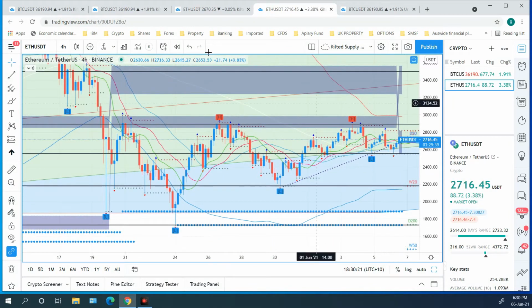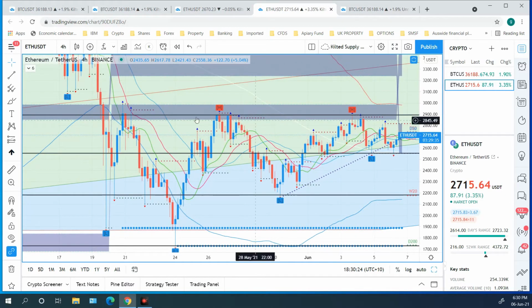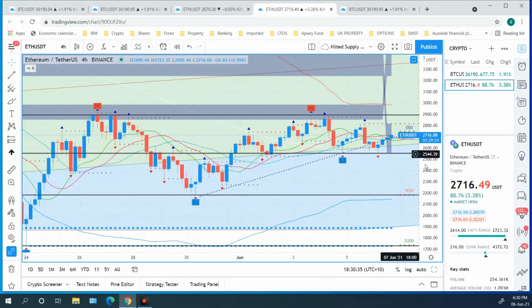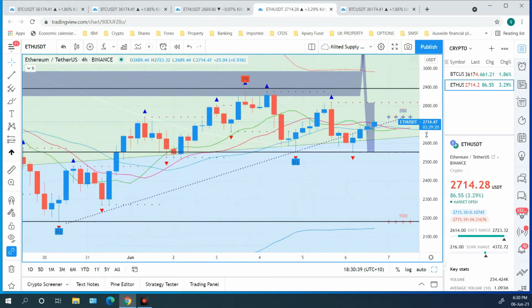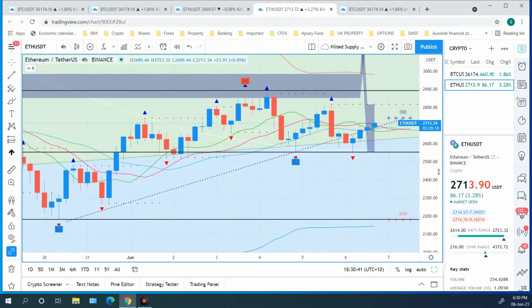So we're on a 4-hour chart here, and we can see we've had a bit of a double top here. We couldn't push through this level. We've got what we'll call a dynamic support line, which we seem to have been following quite nicely. However, I'm always looking for patterns or reversals.